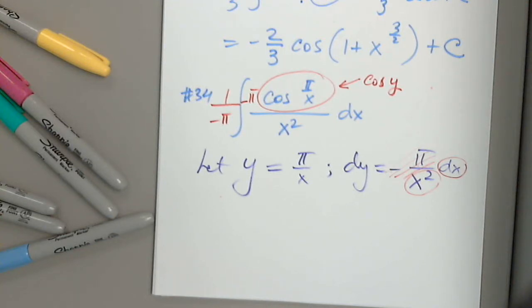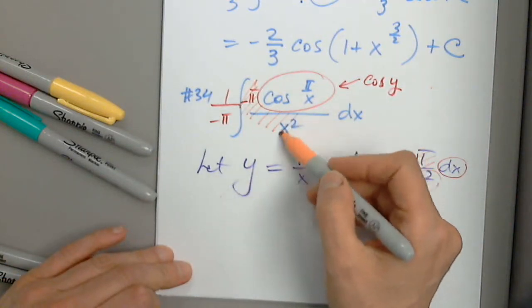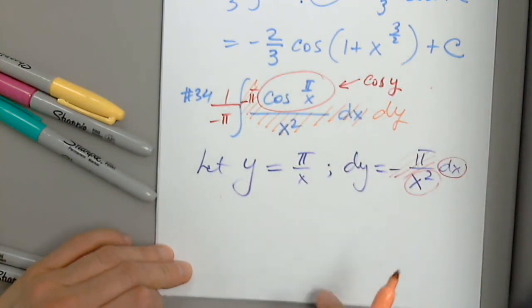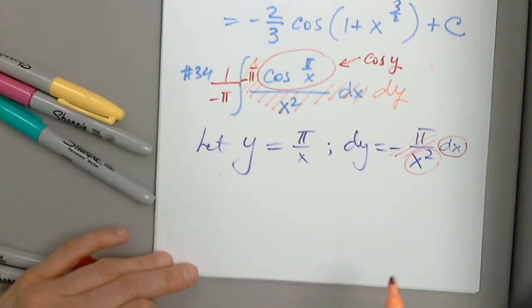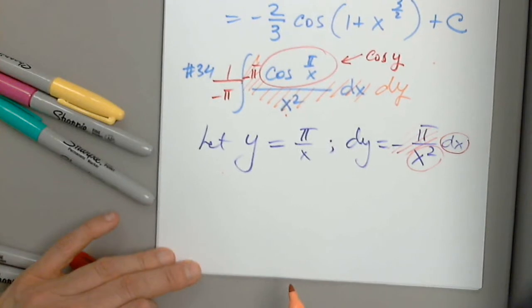But now I have these pieces. I have negative pi over x squared times dx. Those 3 pieces form the dy. All this is dy. The negative pi at the top, the x squared in the denominator, and dx following.